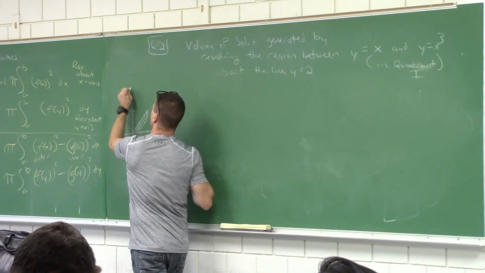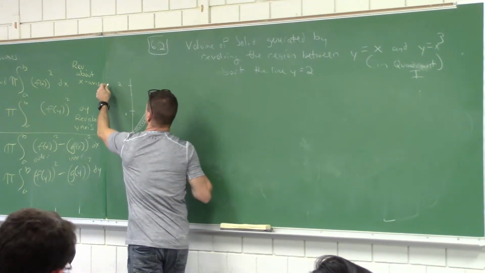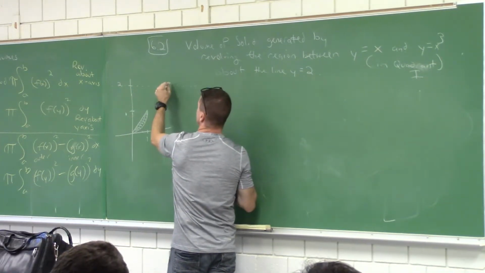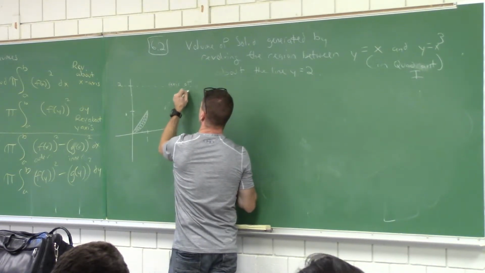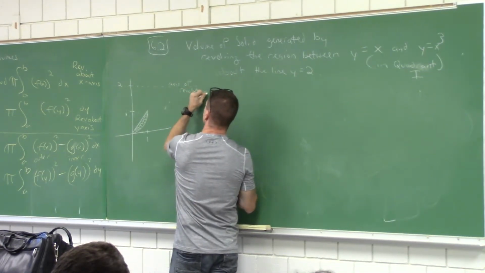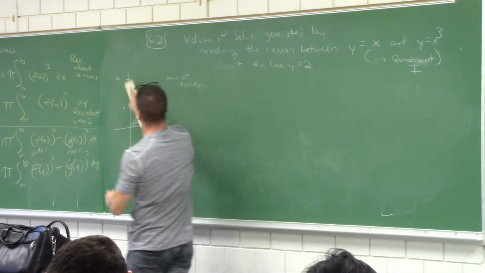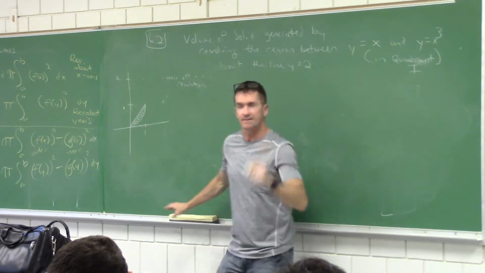So we're going to roll this around, which line? Y equals 2. So many notes. This is the axis of revolution, isn't it? Let me make sure that's flat. We're going to revolve it around that.